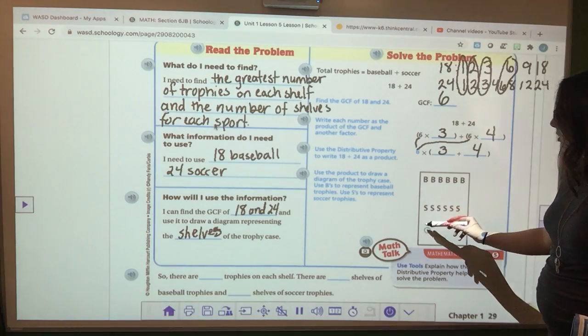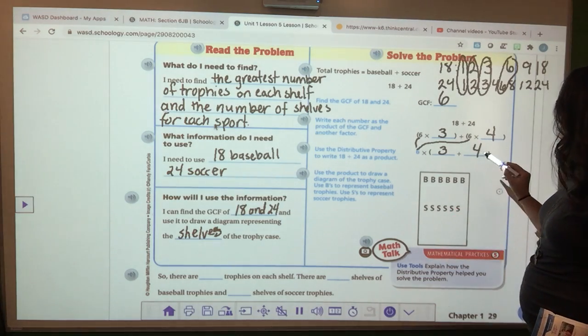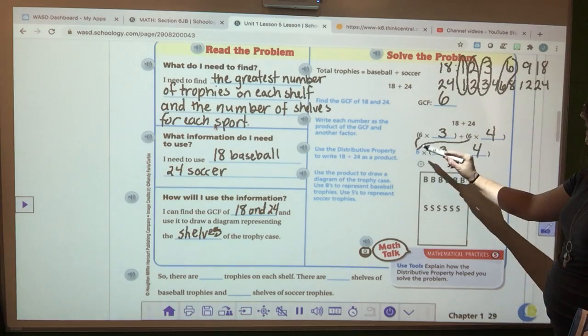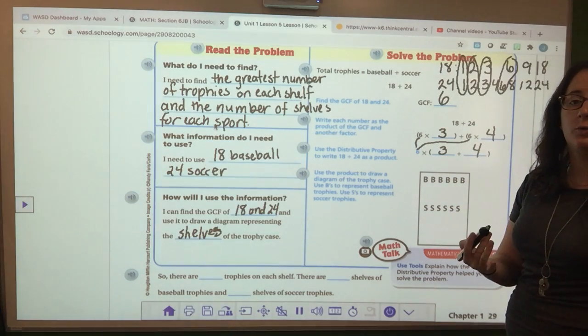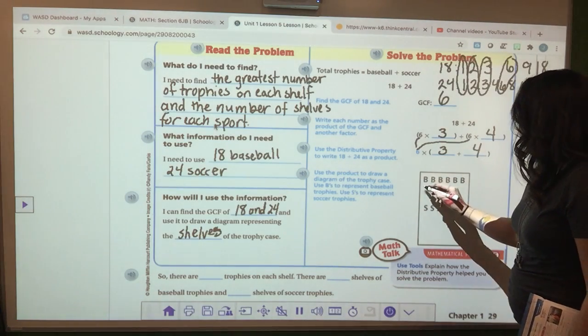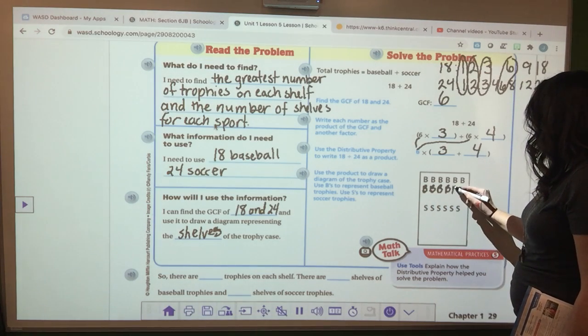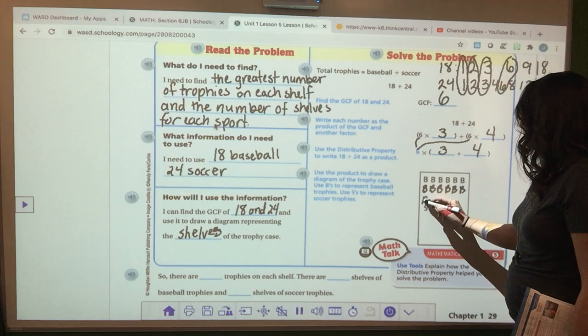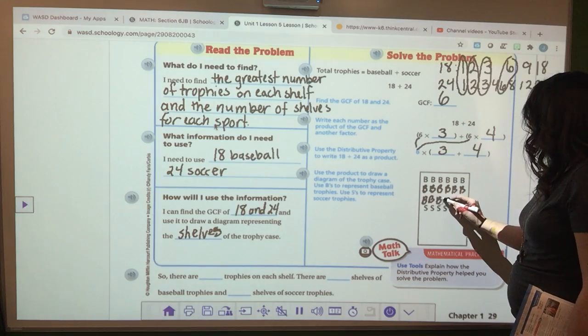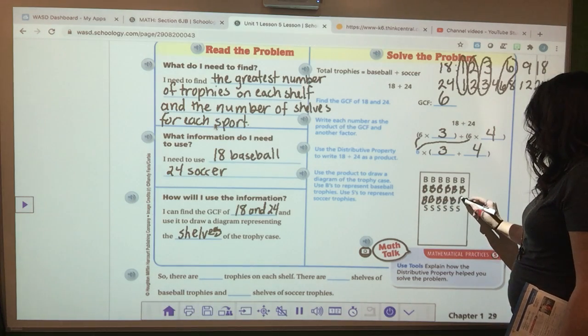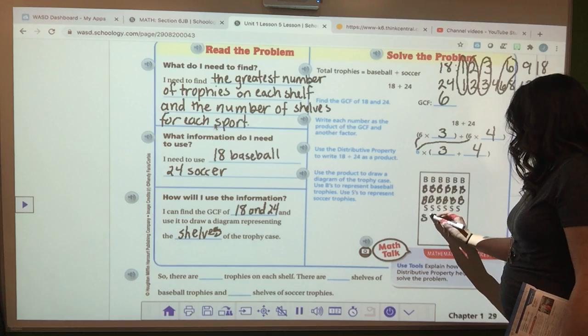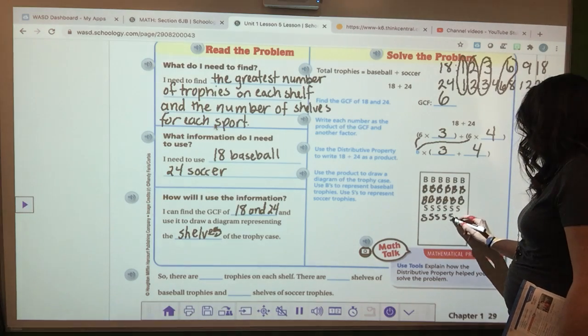And there will be 4 rows of soccer trophies because 6 times 4 equals the total of 24 soccer trophies. So if you want to fill in the rest of your graphic organizer to make 3 rows of baseball and 4 rows of soccer.